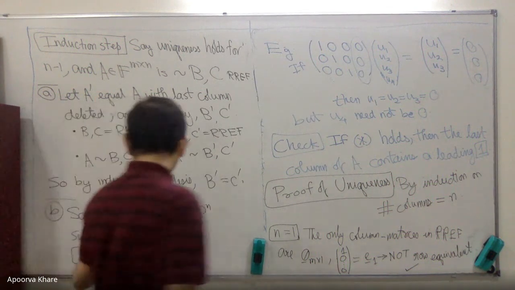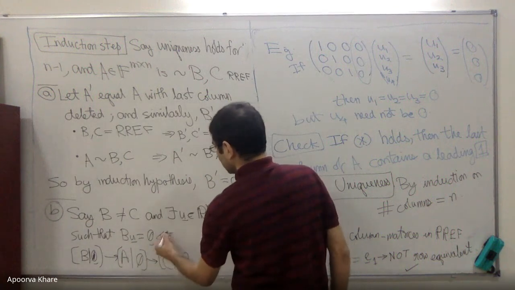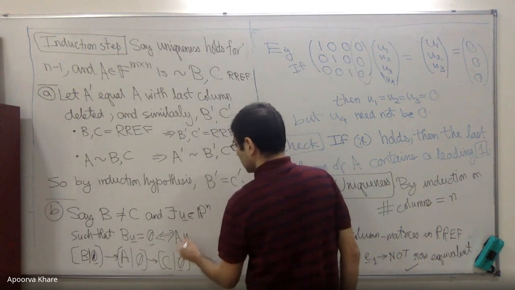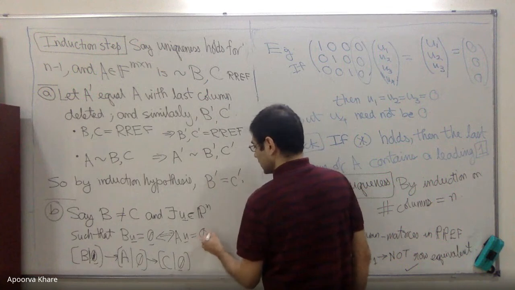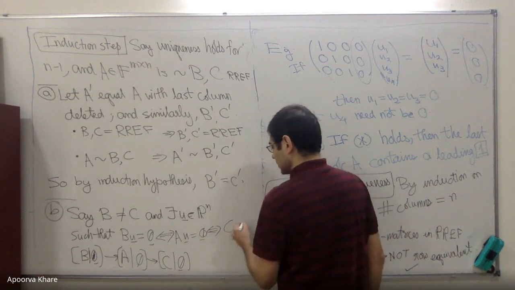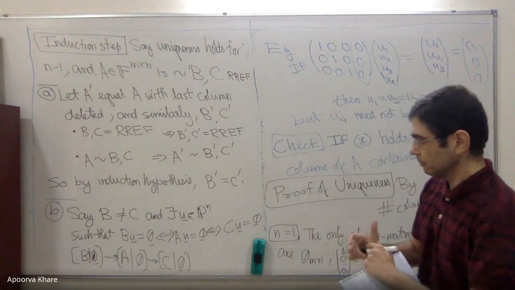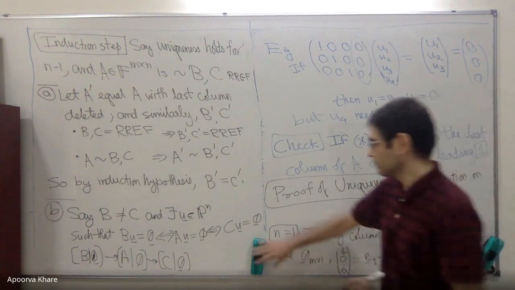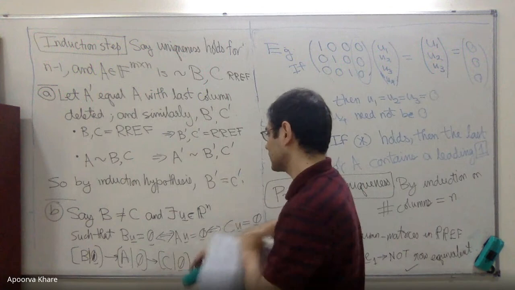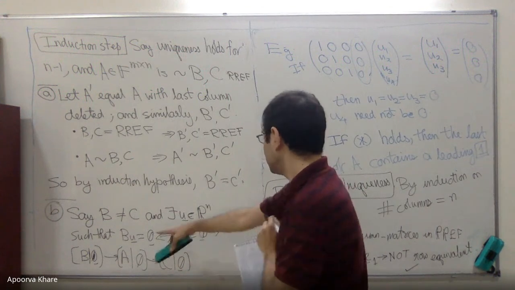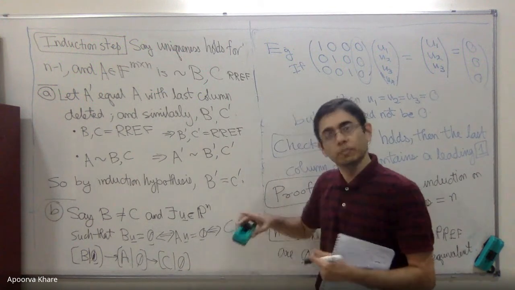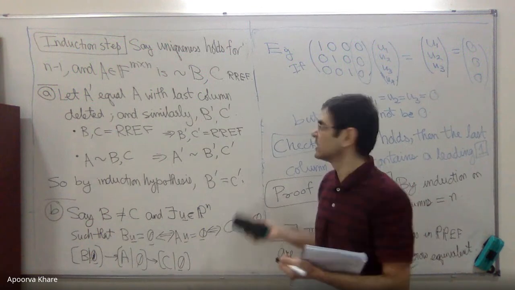So BU equals 0 if and only if AU equals 0, if and only if CU equals 0. Right? So suppose there exists a vector such that this happens. Because BU and CU both equal 0, B minus C times U also equals 0.